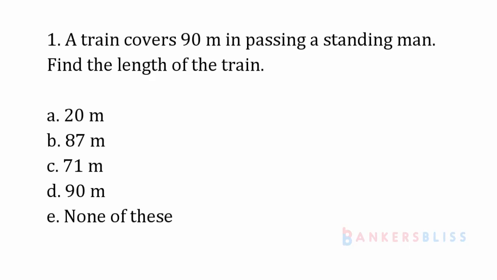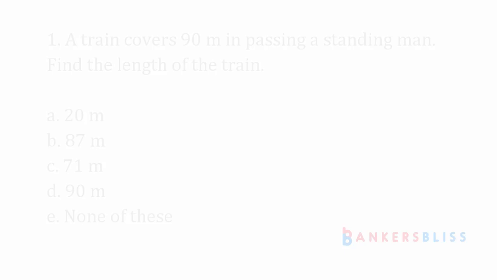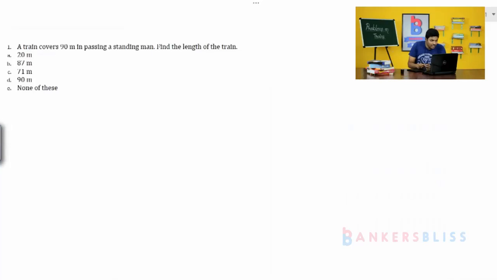Problem number 1. A train covers 90 meters in passing a standing man. Find the length of the train. Already in the introductory class I told you, if the train passes in front of a man or an electric pole, we consider the distance as the length of the train. So the train covers 90 meters, the distance is 90 meters, and distance is nothing but the length of the train, so your answer is 90 meters.